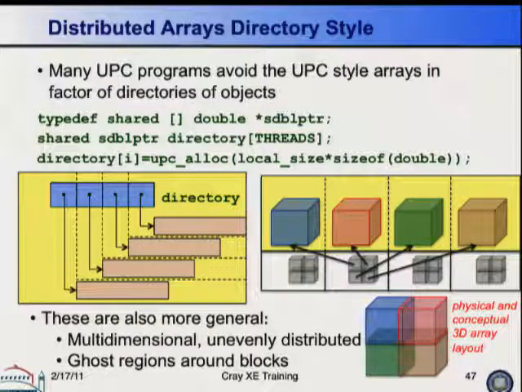So here's a very common kind of structure, which we call a directory structure. In this case, the first thing we have is an array, which is in the shared space. It's a cyclically mapped array. So I'm trying to draw the original partitioned global address space here. This is just the shared part of the global address space.